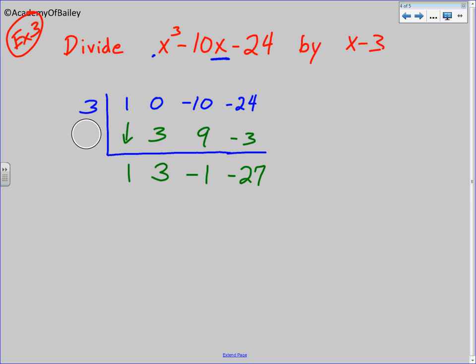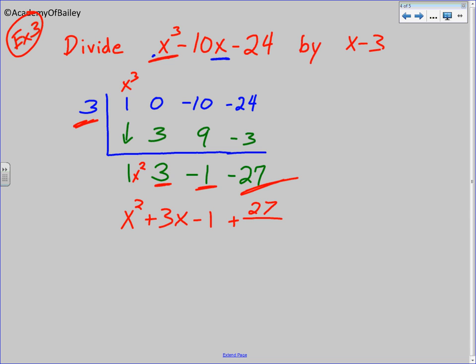Now we are dividing here. So if this was x cubed, this one becomes x squared. So we have 1x squared, we have 3x, we have a negative 1, and this number right here is our remainder, plus 27 over x minus 3.